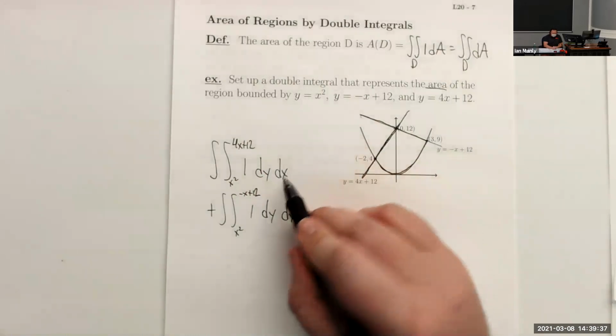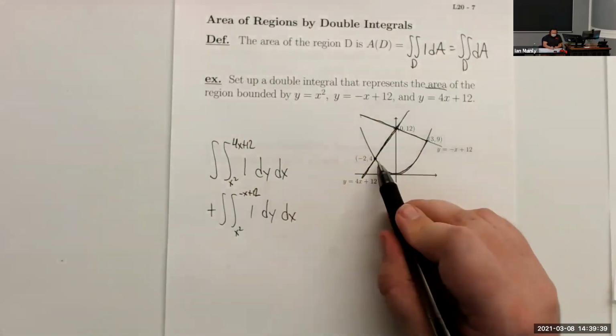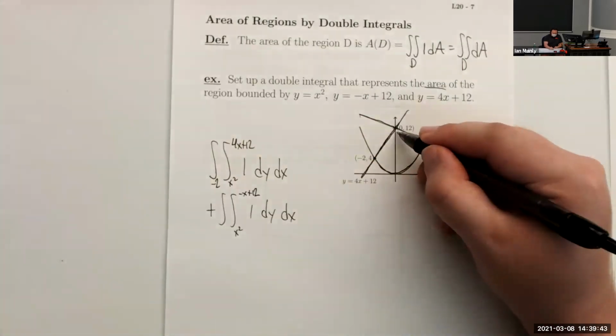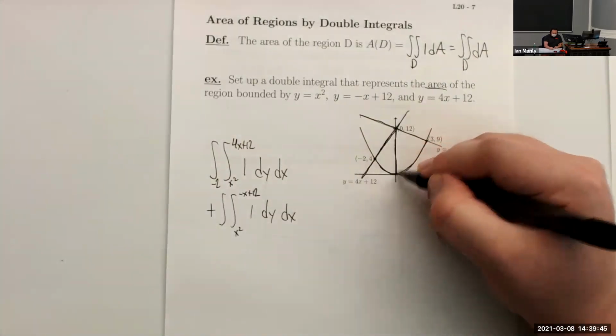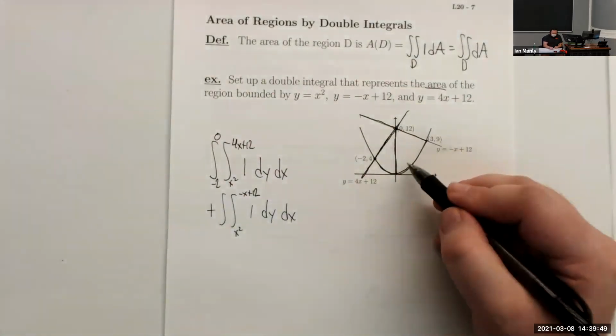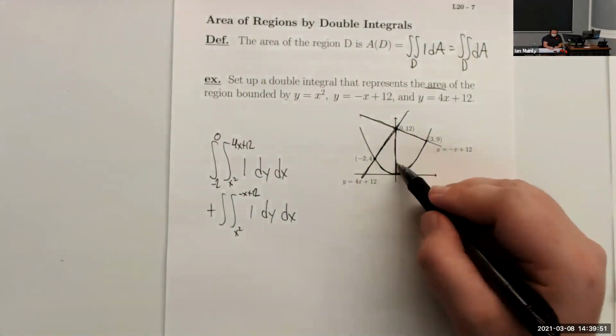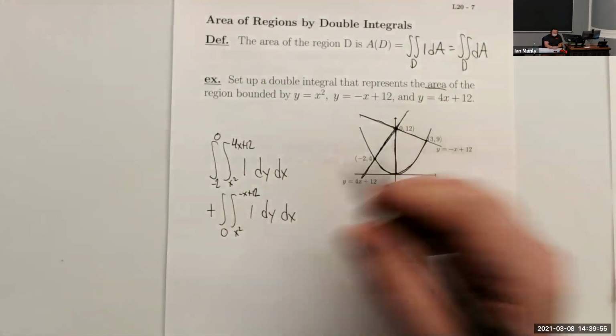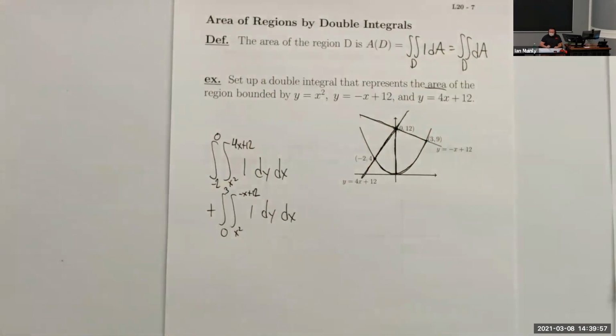For our left integral, the lowest x value is negative 2, and since we're stopping where these curves intersect right here, we're going to go to 0. For the right-hand curve, we start at 0 where the previous one left off, and then go all the way to an x value of 3.